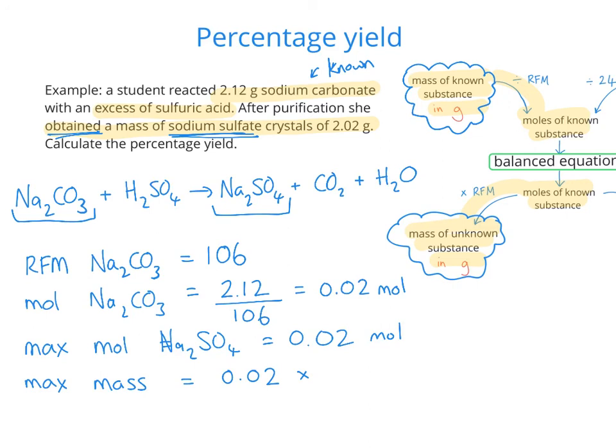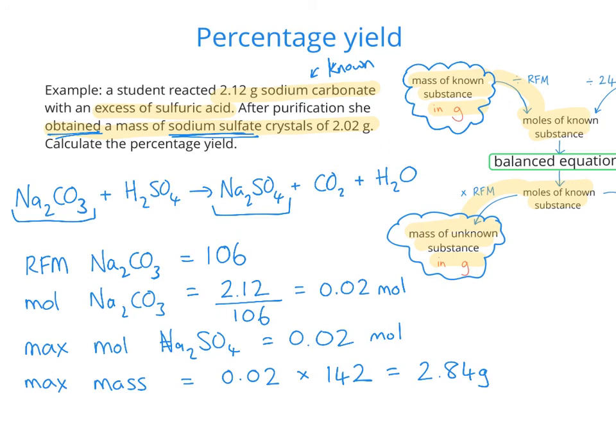Little check on the periodic table, and my calculator tells me the mass of Na2SO4 is 142. Times that by 0.02, and that gives me 2.84 grams. So that is my maximum. That's the most I could get out if it was 100% yield.